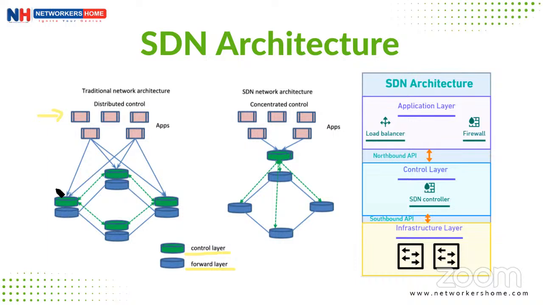To configure this on each device, we need to have control of those devices and configure those instructions on specific devices. So you will have distributed control across all the separate devices, which is time consuming and adds more complexity to configuring these devices.